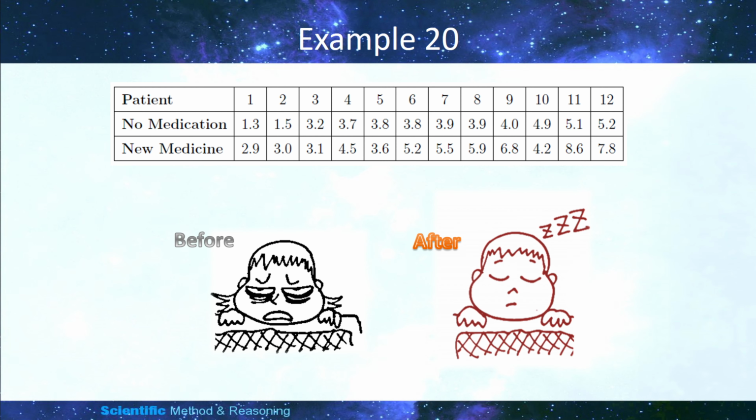Okay, so in this setting, first of all, we will take the difference between the paired observations: the number of hours of sleep one gets after taking the new medication minus that before taking the new medication.